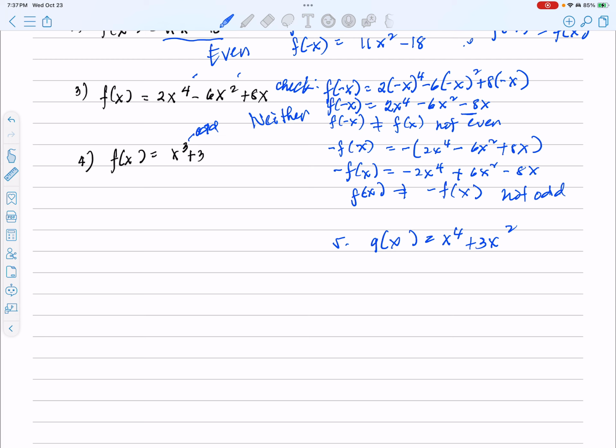I said the fourth one is odd, so let's check.